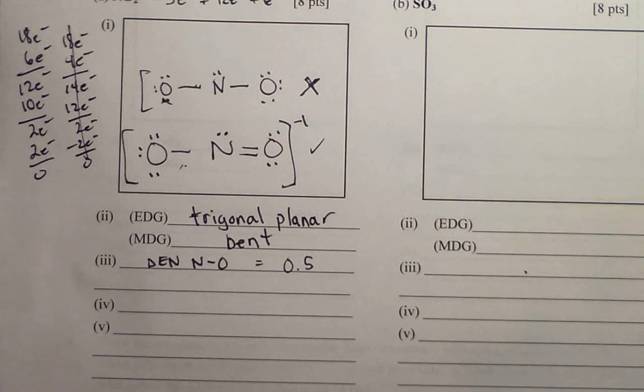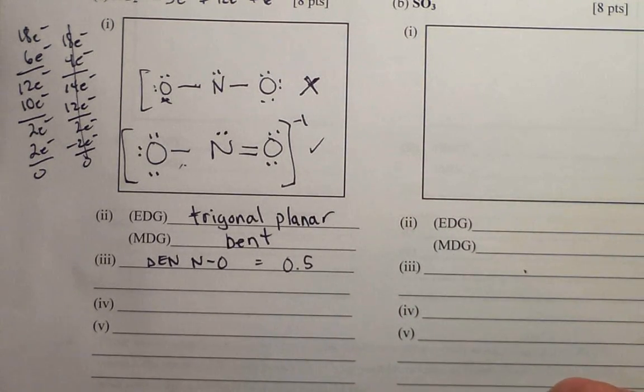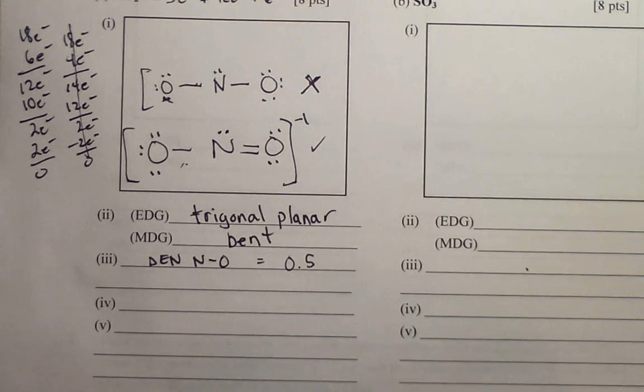And that difference can be relevant here. If you would say that 0.5 is polar, then that will change your answer for part 4. If you say that 0.5 is still considered in the nonpolar covalent range, the chances are that you would have to say that this molecule is not polar.